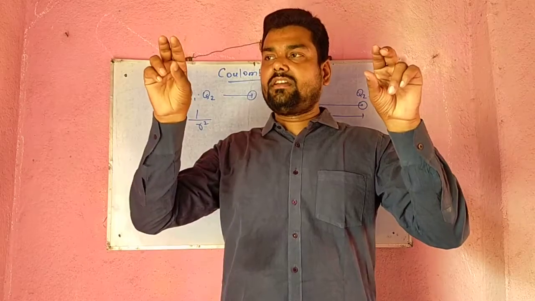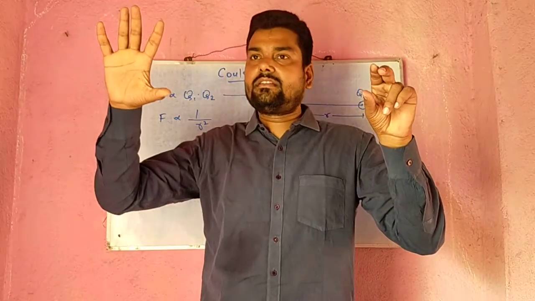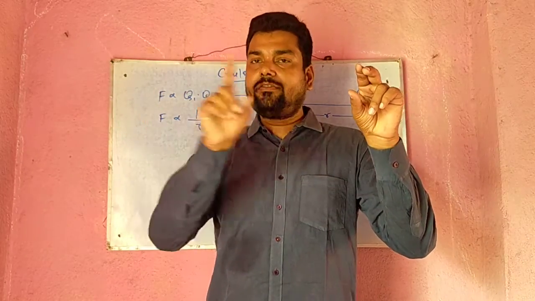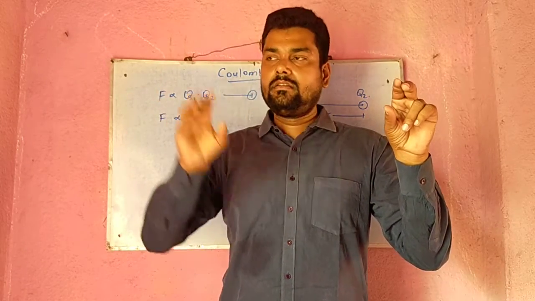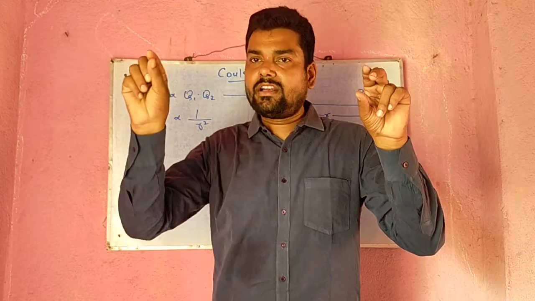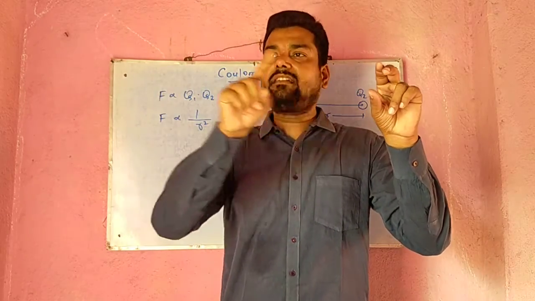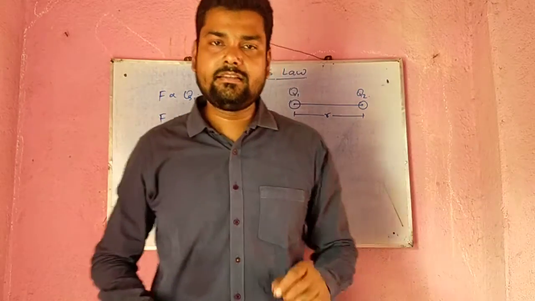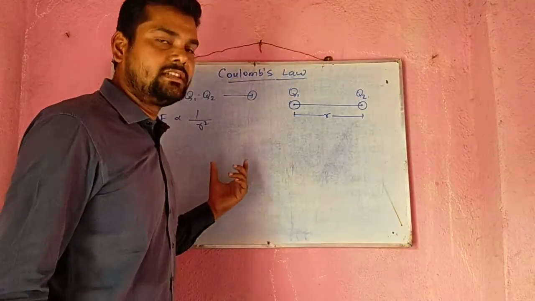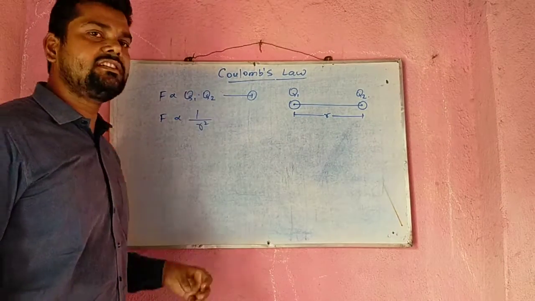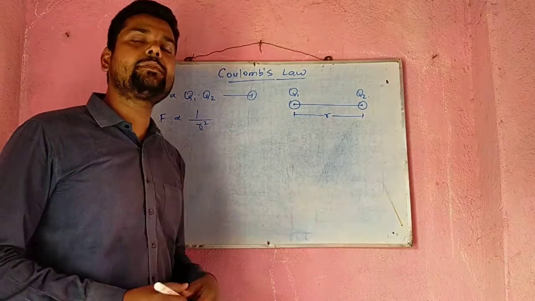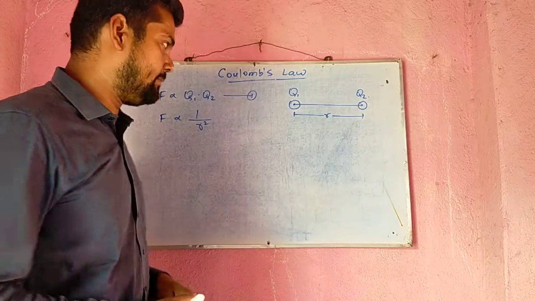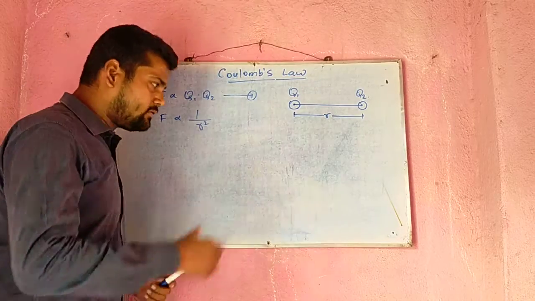If we replace a charge with a greater charge, the force of attraction or repulsion will increase. If we replace the charge with a smaller charge, the force of attraction or repulsion will decrease. That was the thing that Coulomb defined: the force is directly proportional to the product of charges and inversely proportional to the square of separation between them.